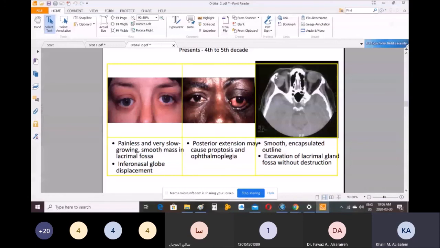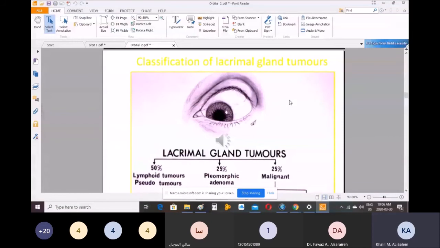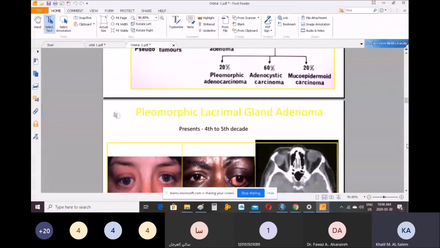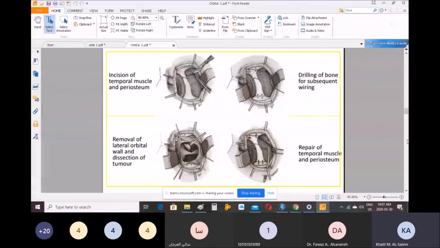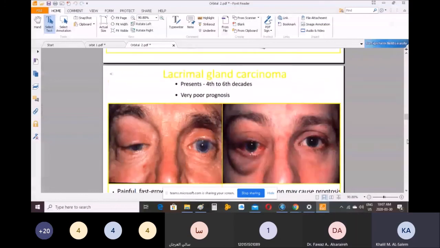There is absorption of bone here, if you compare it to the other side, and all the structures are pushed downwards, and it's smooth and encapsulated. Surgical technique of excision is not really important for you guys.